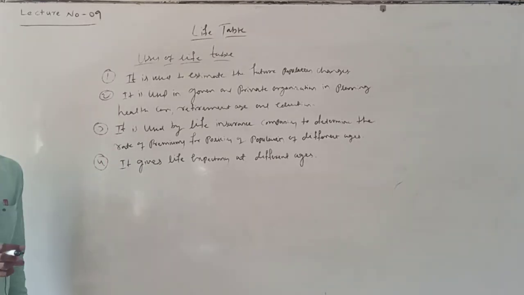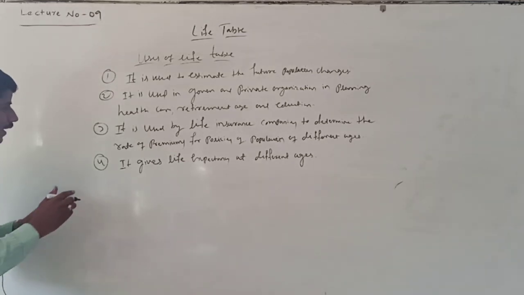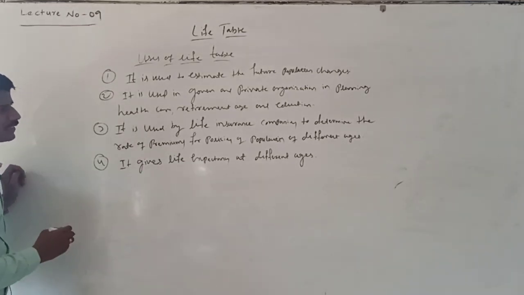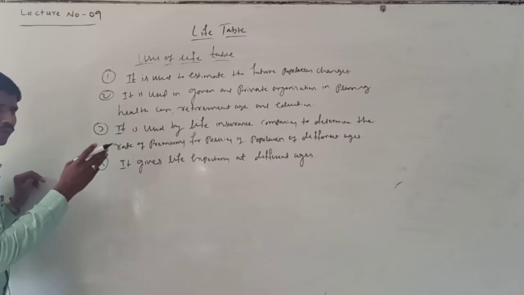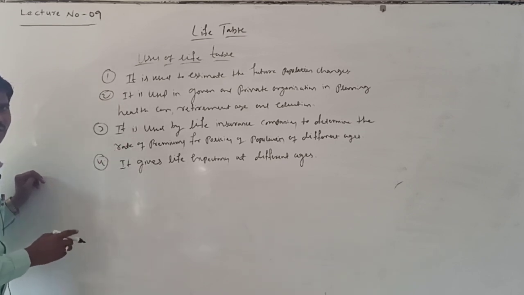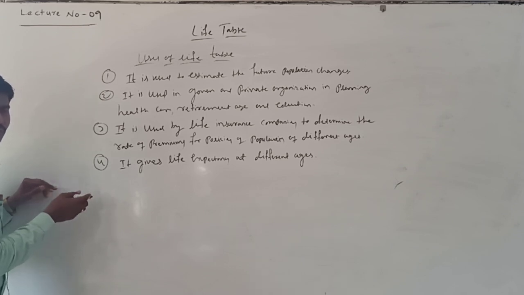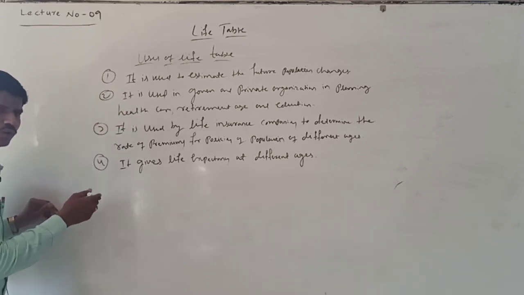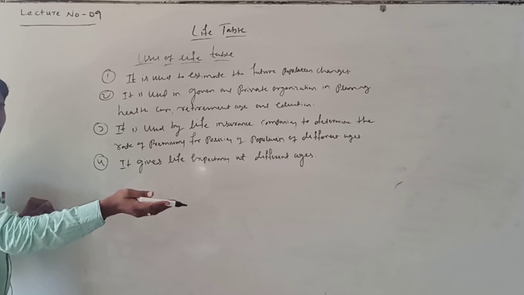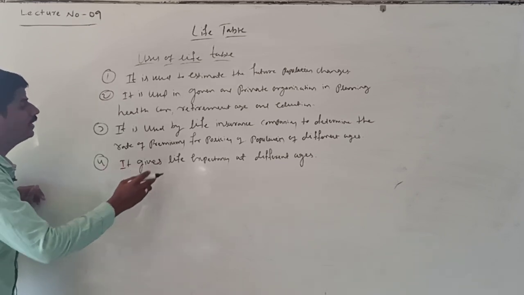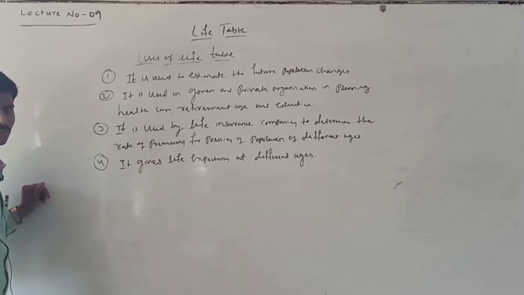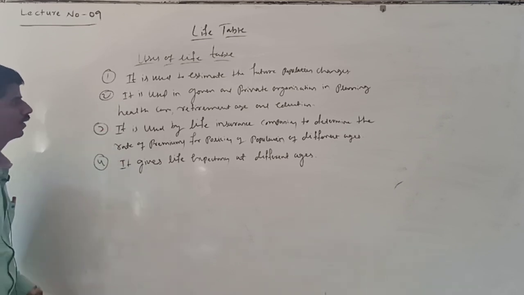That is longevity, the expected number of years that a newborn baby will be alive. For example, here 0 to 10, expectation 80 years. Next 20 to 30, expectation 90 years. 30 to 40, expectation is 55 years. These are the uses of life table.